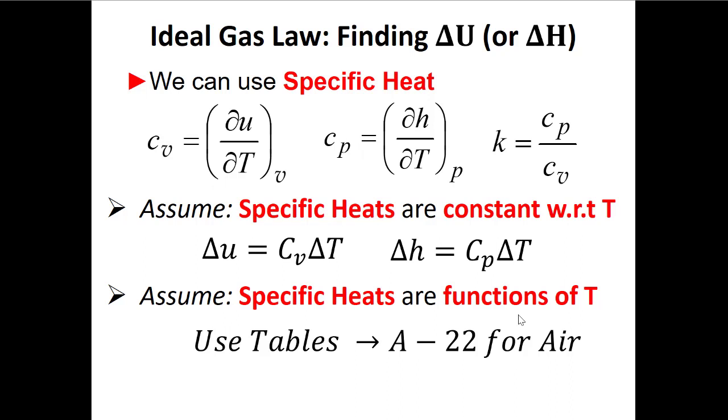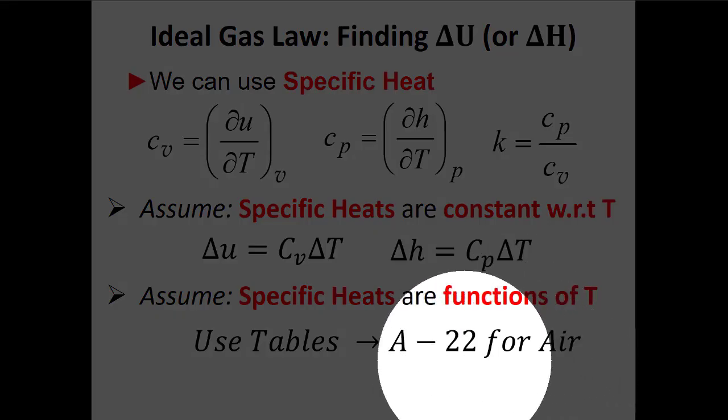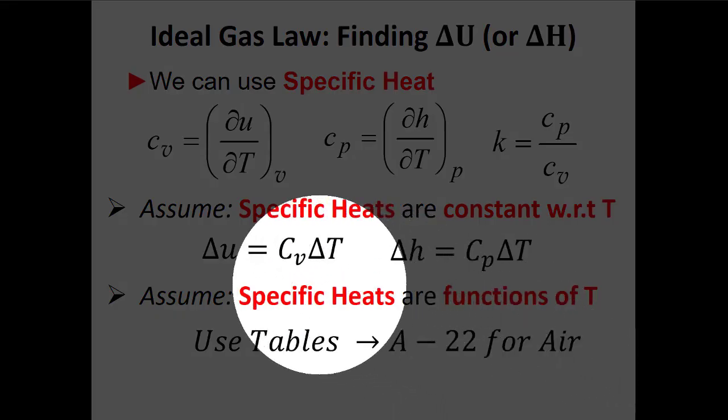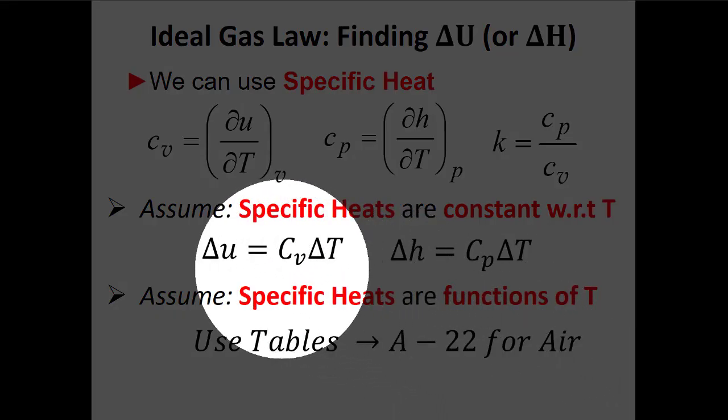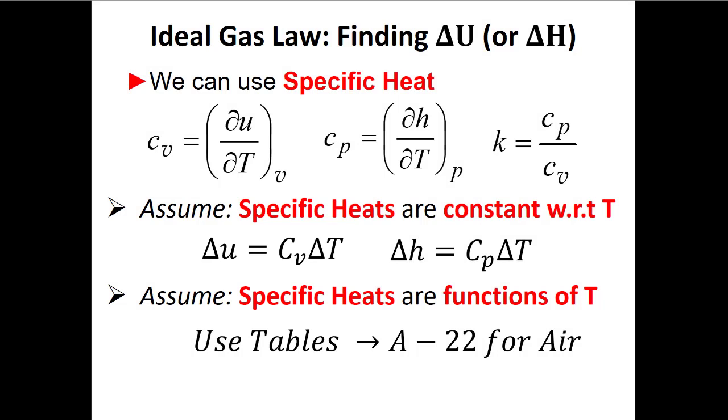So in some cases, you may want better accuracy, and maybe you want variable specific heats for your ideal gases, in which case for air, you would have to use table A22. And we'll do an example at the end of this class showing how to find delta U with constant specific heats and how to find U with variable specific heats when we're dealing with ideal gases.